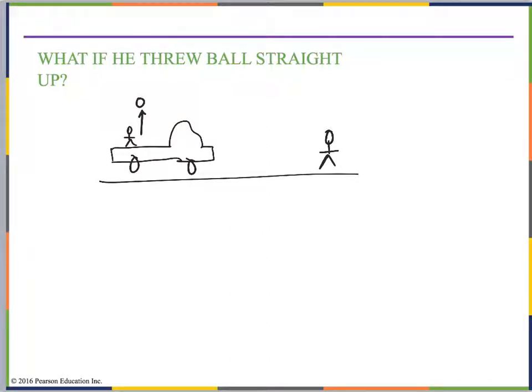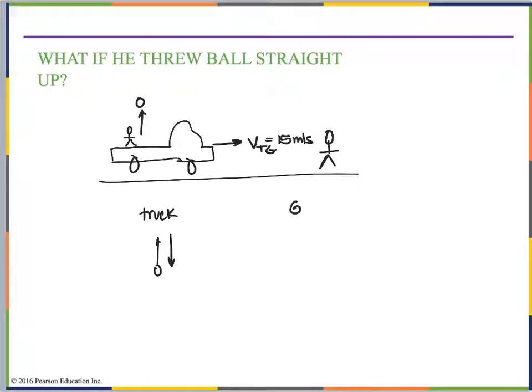Now you want to know what he would see. Remember, the velocity of the truck with respect to the ground was 15 meters per second. If you were the man in the truck, you might see the ball simply go up and then come back down.